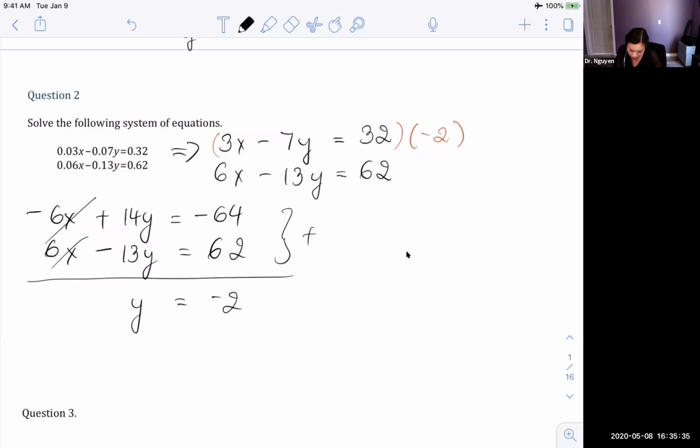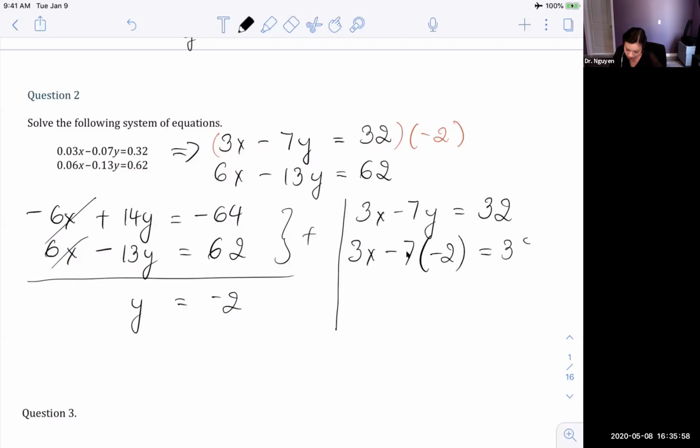But anyway, I'm going to pick the easy one, which is, in my opinion, the first one right there: 3x minus 7y equals 32. I'm going to plug in for y. So 3x minus 7 times -2 equals 32, so 3x plus 14 equals 32.